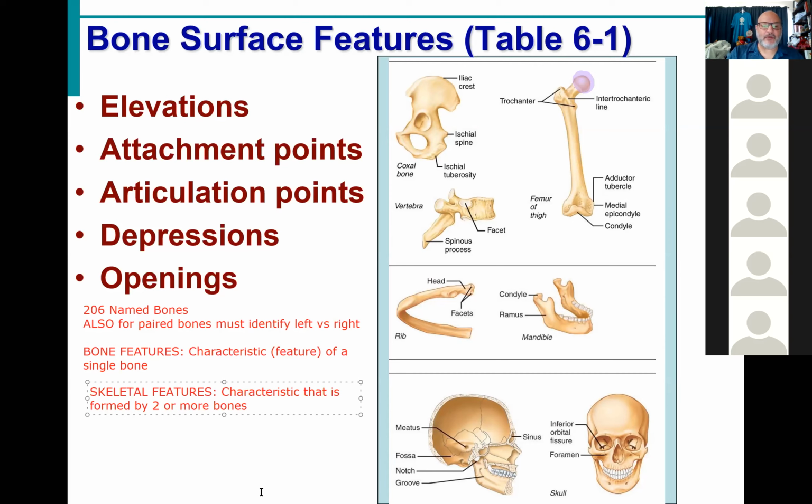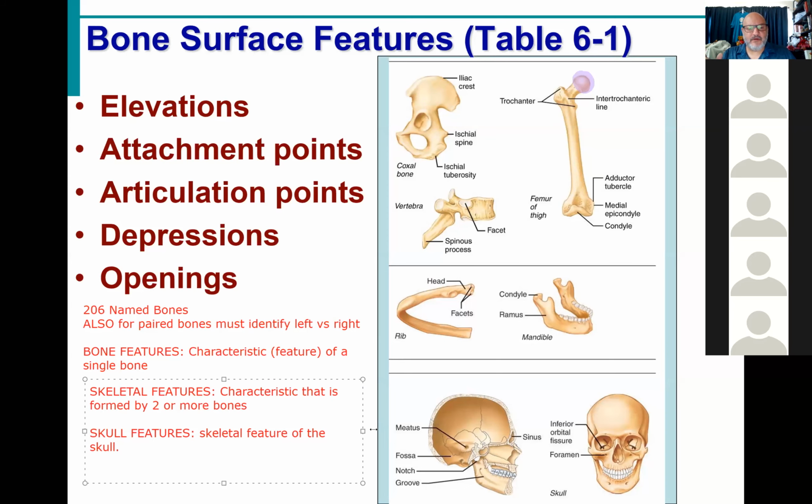Now, as it turns out, your skull has a lot of these features. So again, because anatomists love vocabulary, we will talk about, and you have a list of skull features you are responsible for. But really, all a skull feature is, is a skeletal feature of the skull. Or we can be more specific in our definition.